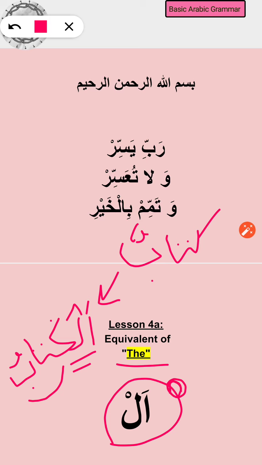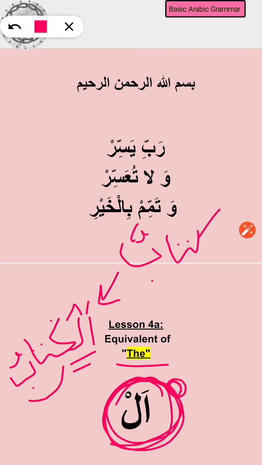Okay, so the ism marfa in Arabic is an entire category that includes 7 types, alright, and al is one of the ways by which an ism nakra can be converted into an ism marfa. Okay, so that's what we are going to learn today, inshallah.